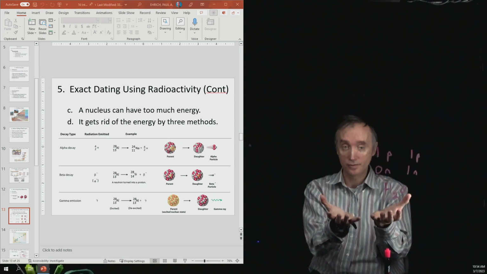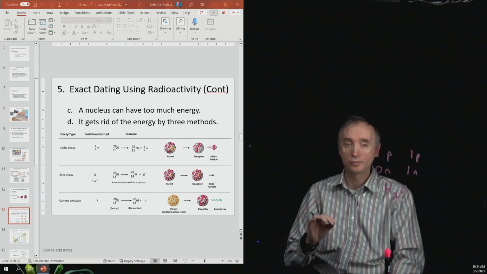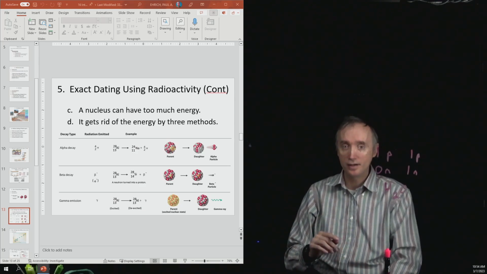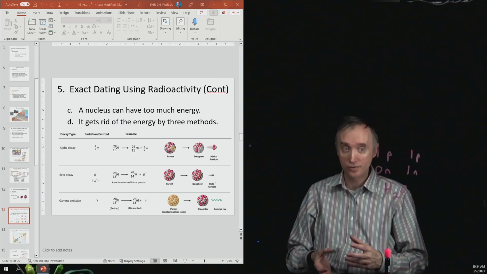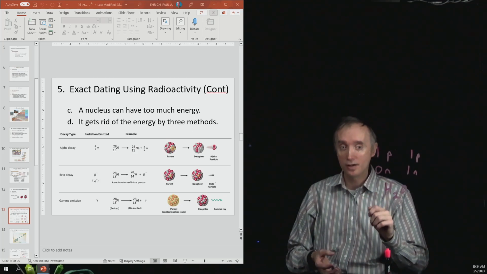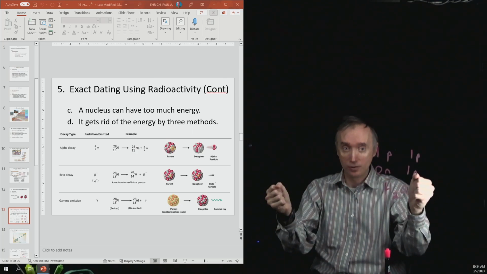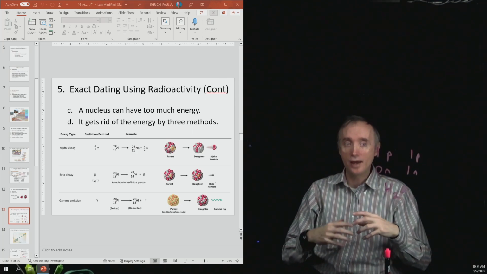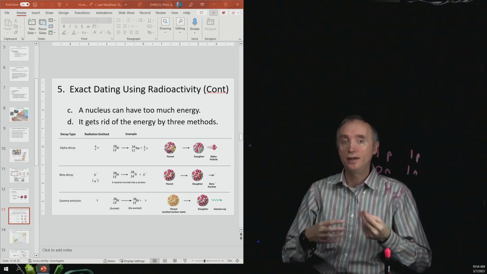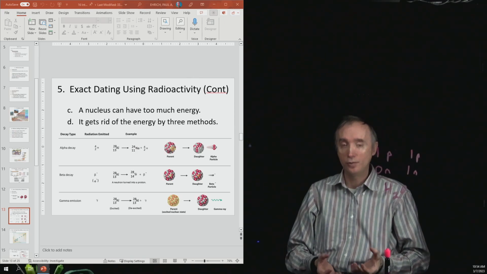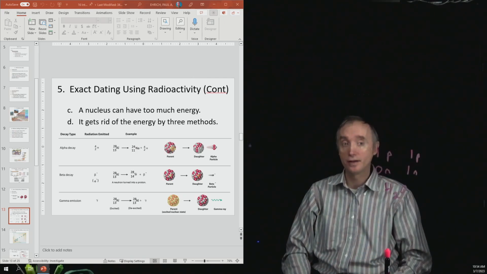If it has too many protons, then the electromagnetic force comes into play. Remember, protons are positive, and positive charges repel, so if you had too many protons in your nucleus, it would be unstable. It would want to blow itself apart because of that electromagnetic force.